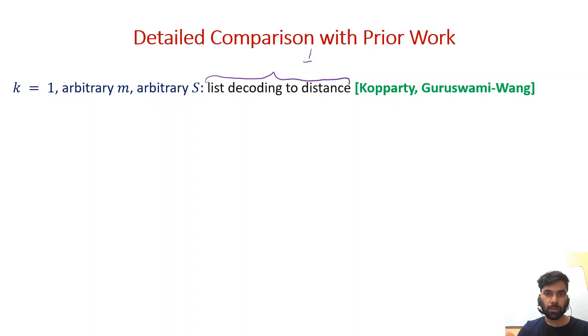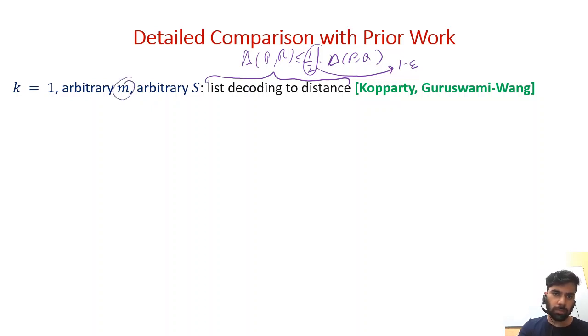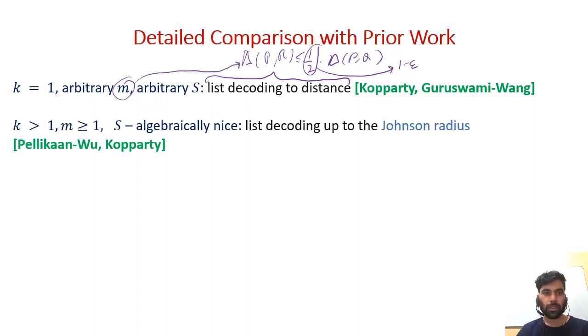That is, not only are they able to find p's with this guarantee, that is close enough to r, but they are able to make this half into any 1 minus epsilon that we desire. However, for that task they require m to be large, but nonetheless the unique decoding task is solved.